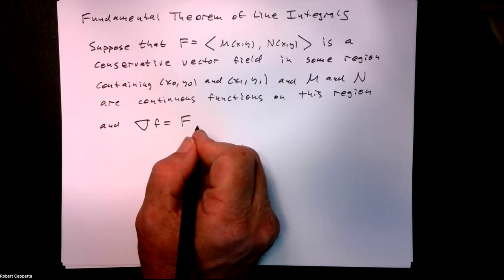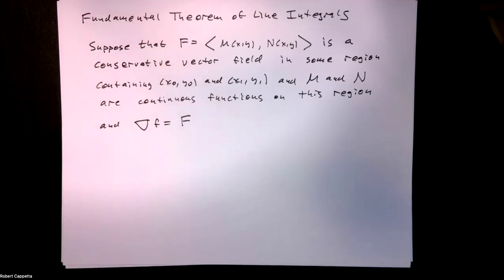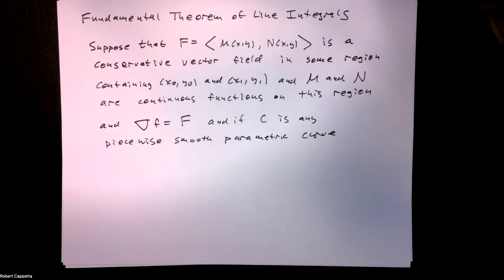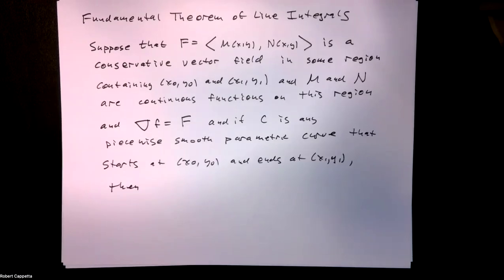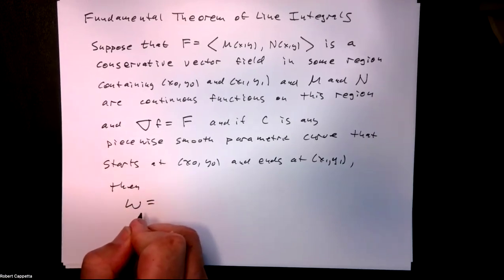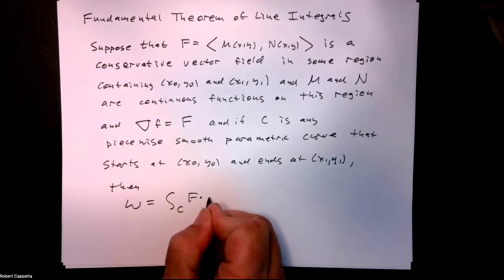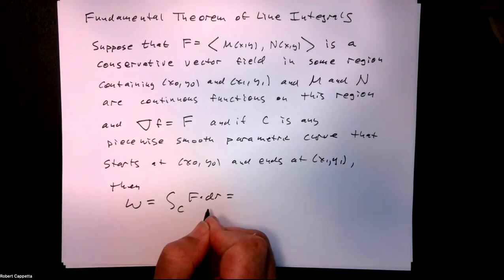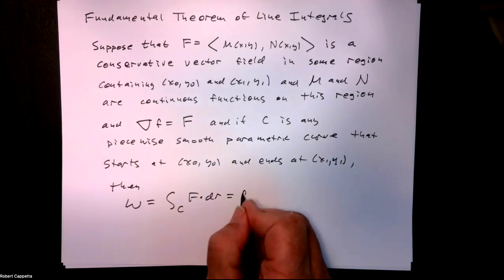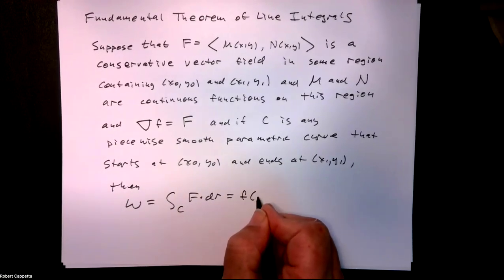And what do we say about C? If C is any piecewise smooth parametric curve that starts at x0, y0, and ends at x1, y1, then what are we going to say? What is our conclusion? Then the work, which is the integral over that curve C of F dot dr, is evaluate the potential function little f at the endpoints and subtract.